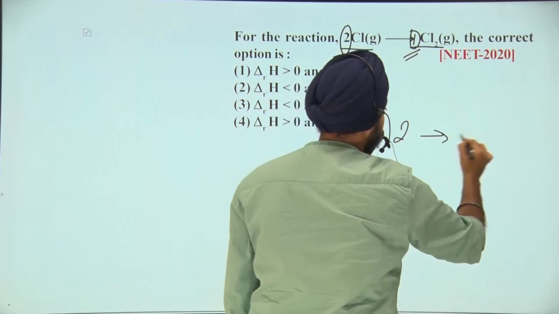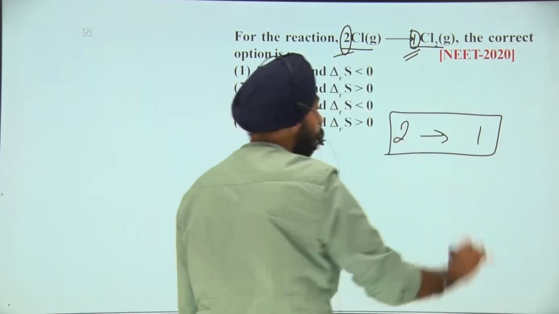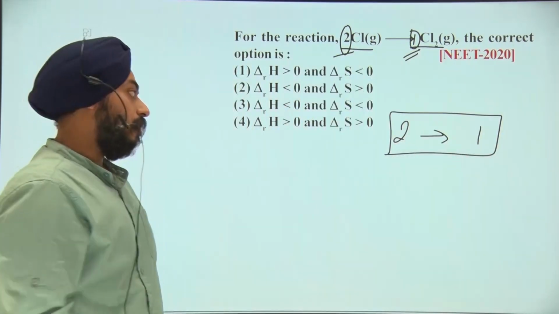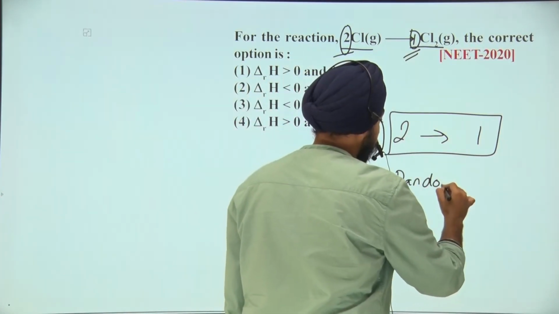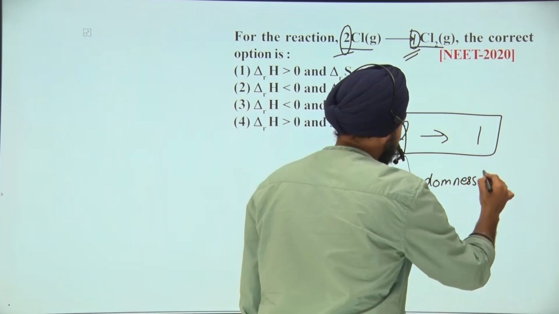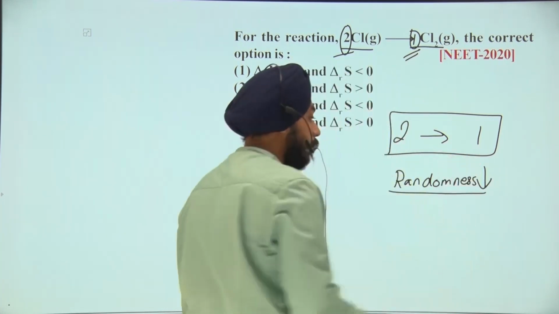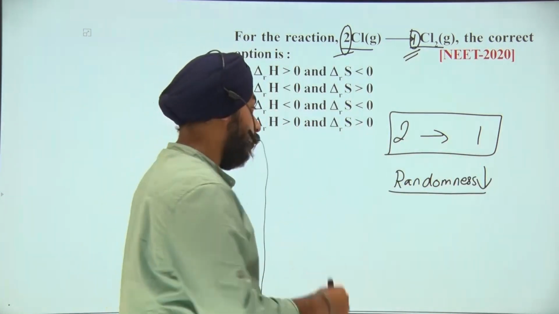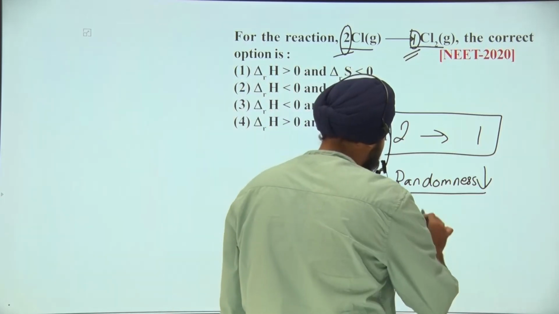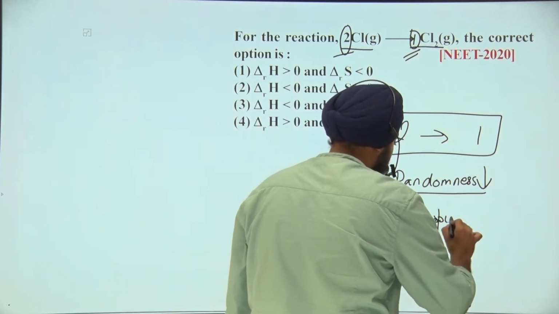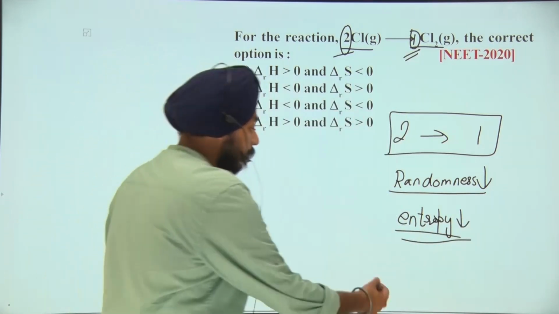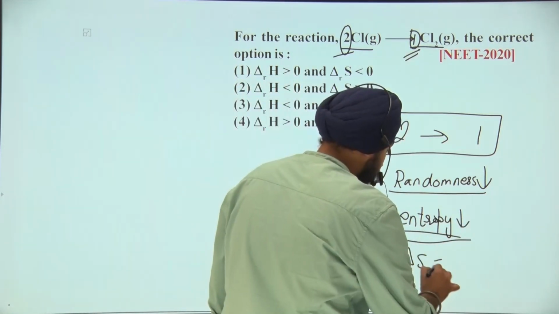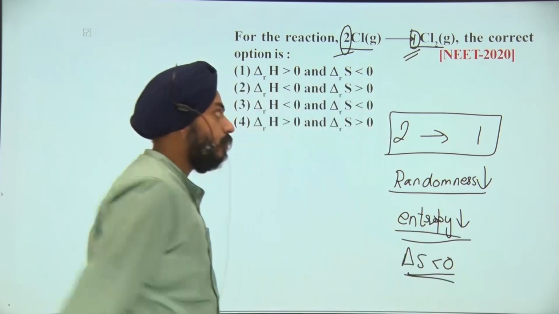So 2 moles are converted into 1 mole, so randomness will decrease. If randomness decreases, entropy will also decrease, that is delta S will be less than 0.